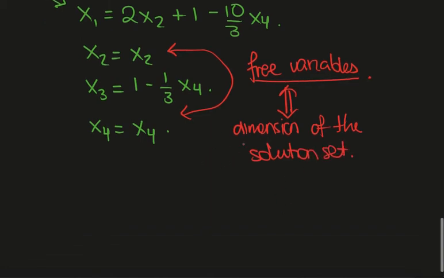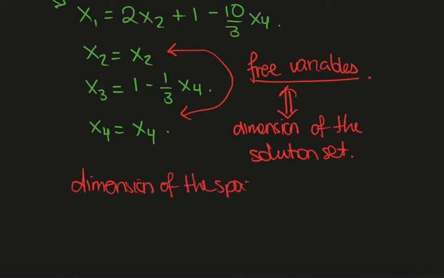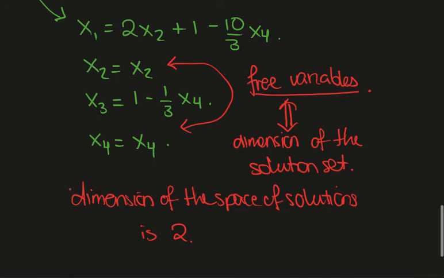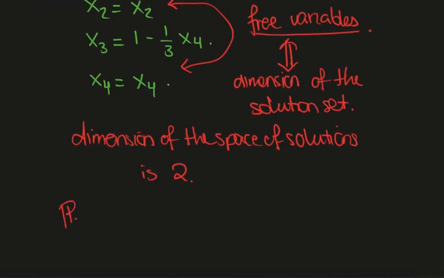So we'll talk about this more later, but in particular, since we have two free variables, the dimension of the space of solutions is 2, corresponding to the number of free variables. The ambient space, so we started with 4 variables, so we started in R4.